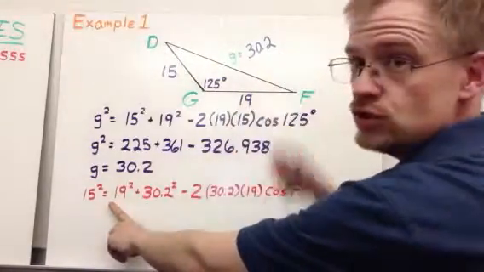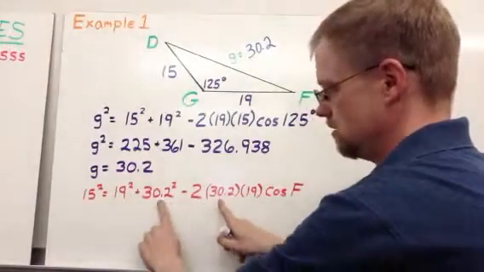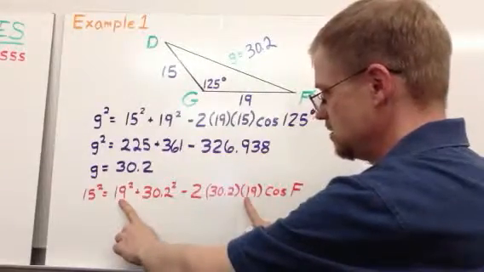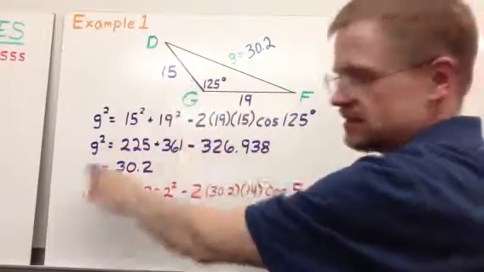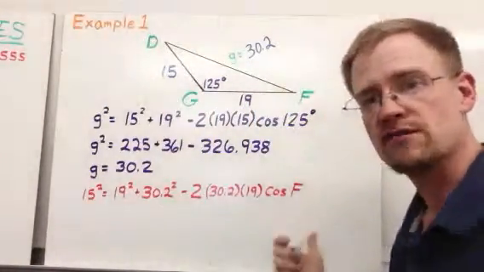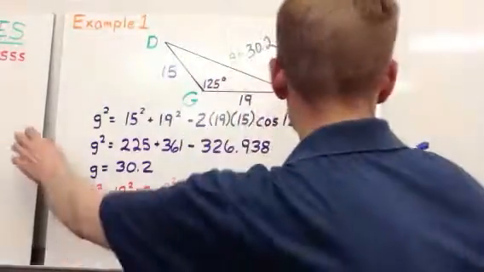Notice those are our other two sides. Minus 2 times 30.2 times 19 times the cosine of angle F, the angle that's opposite this side. And we would simplify, solve, and use our inverse cosine to solve for this. That's what we're going to do on the second example problem.